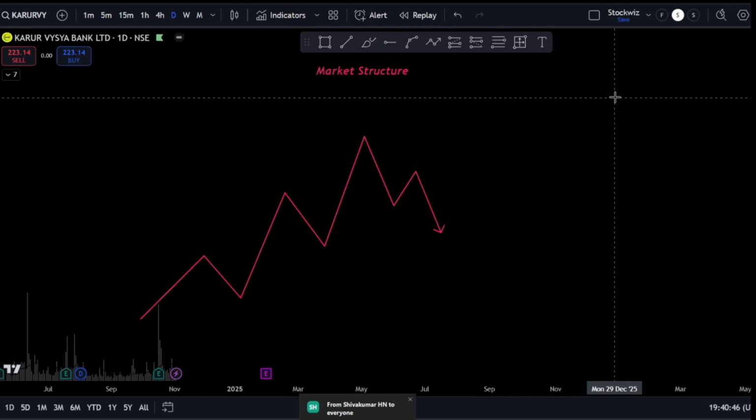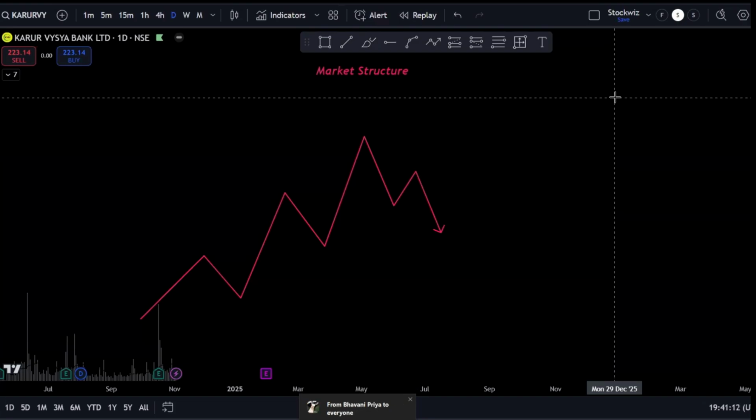Take your time, think, and then answer. Higher low. Okay, let me see the answers first. Choppy sideways is good. It's a higher low. Okay. Breakout structure, change of character.